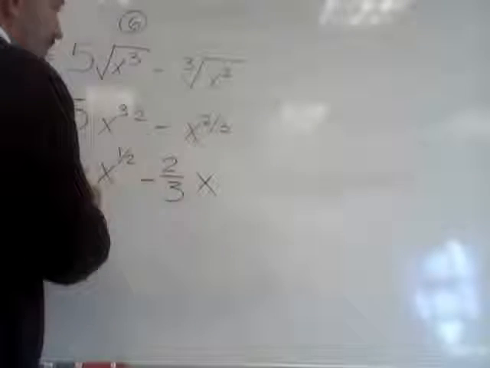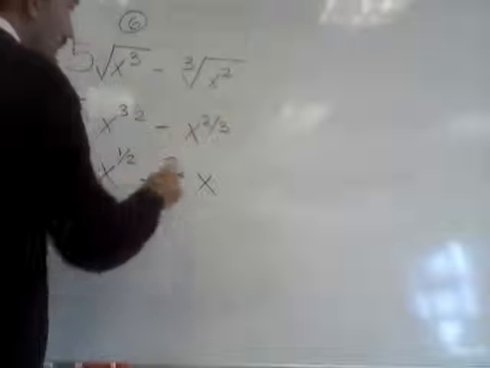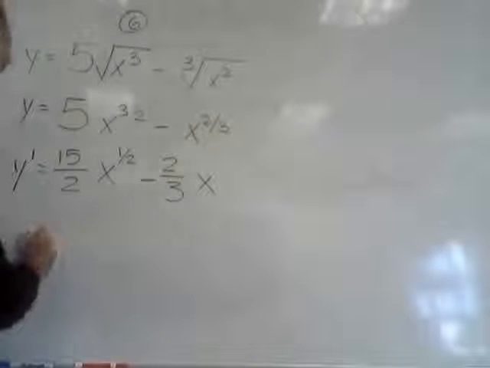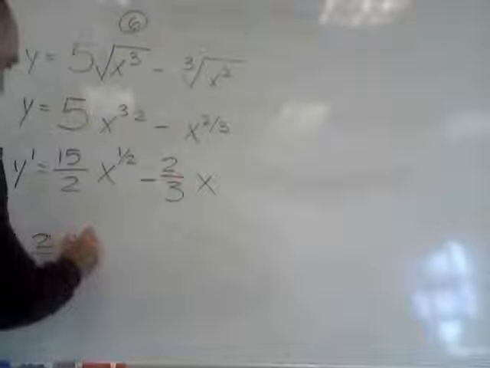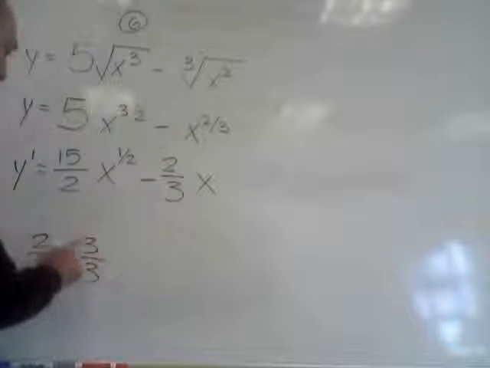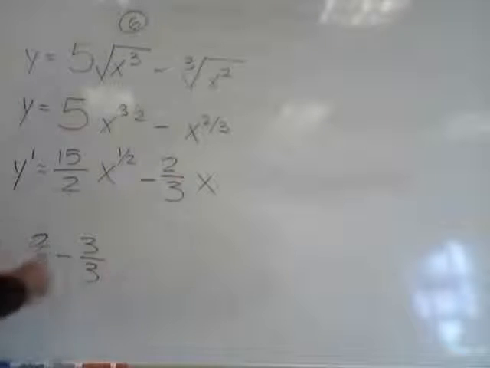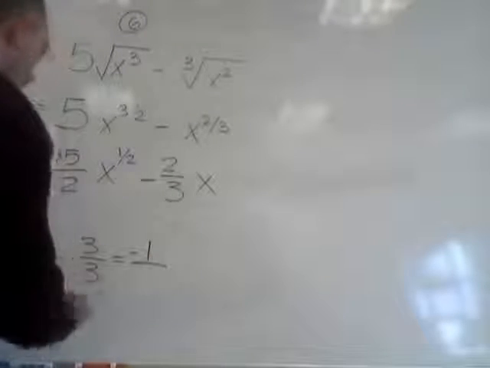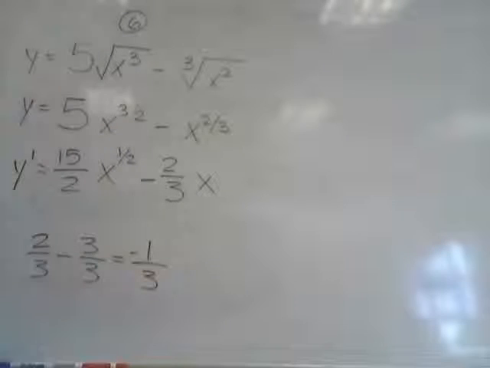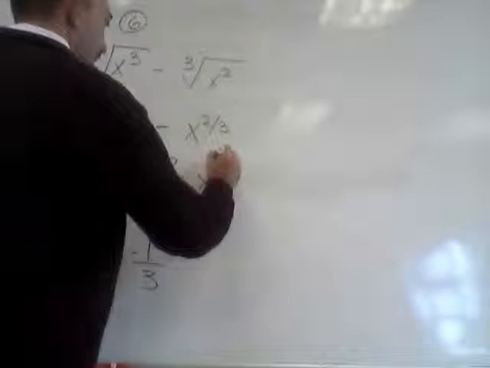X, and in your formula, 2/3 minus 1. Now it's different. Usually I'm using number 2. Well, I'm using 3 now, because 3 divided by 3 is 1, so 2/3 minus 1. 2 minus 3 is negative 1/3. Okay, so negative 1/3.